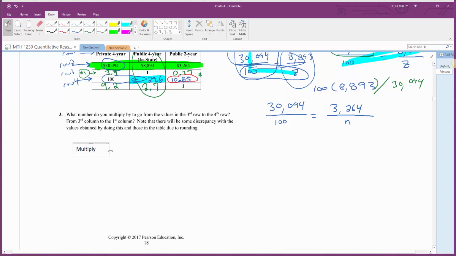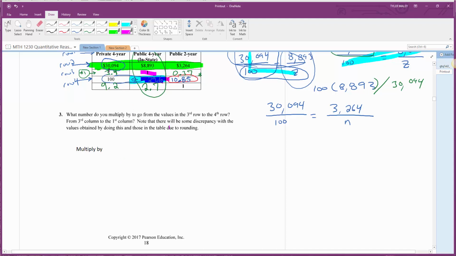Right? So I could say multiply by, let's see, we're going from the third row to the fourth row. I have those labeled above. So what I'm zoning in on, let me put this in this pink color, is these two values. We have 1 to 29.6. So how do I get from 1 to 29.6? I multiplied by 29.6.